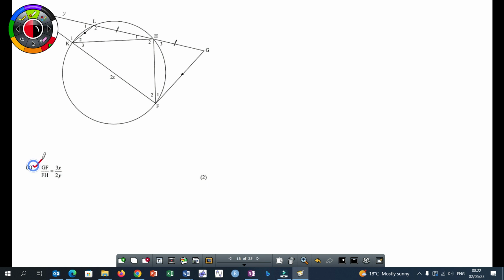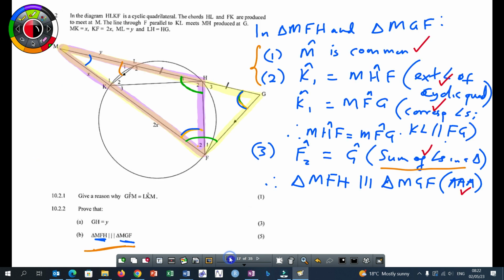So this question here has a connection with that. So if you are doing your own practice, if you are asked to prove that triangles are similar, be aware that any question after that is most likely to have a connection with those similar triangles. There is a strong connection.